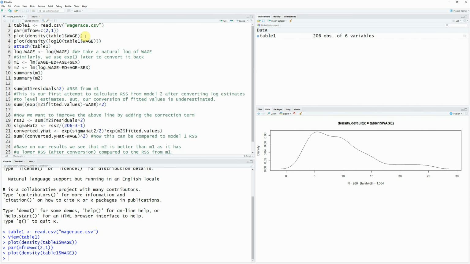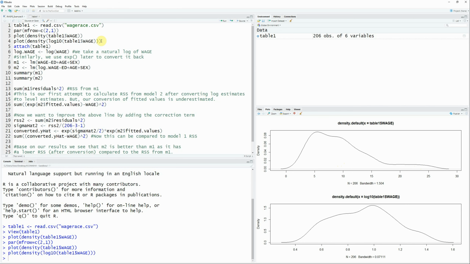You can see that we don't have that many wealthy people or people who are getting paid a higher wage rate, and it's more skewed to the left side. But if we take the log of that and look at the density again, now you can see that we are dealing with a more normal shape.